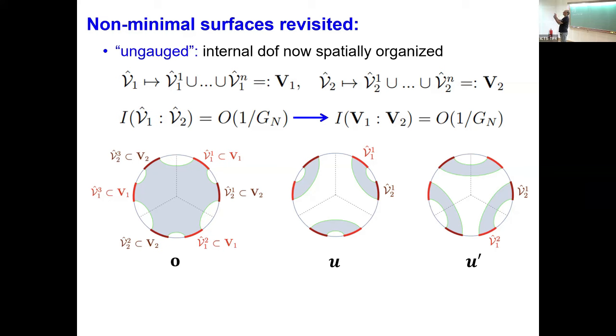For example, I restricted theta to be 0 to pi, but if I go over here, then U prime is really playing the role of U.